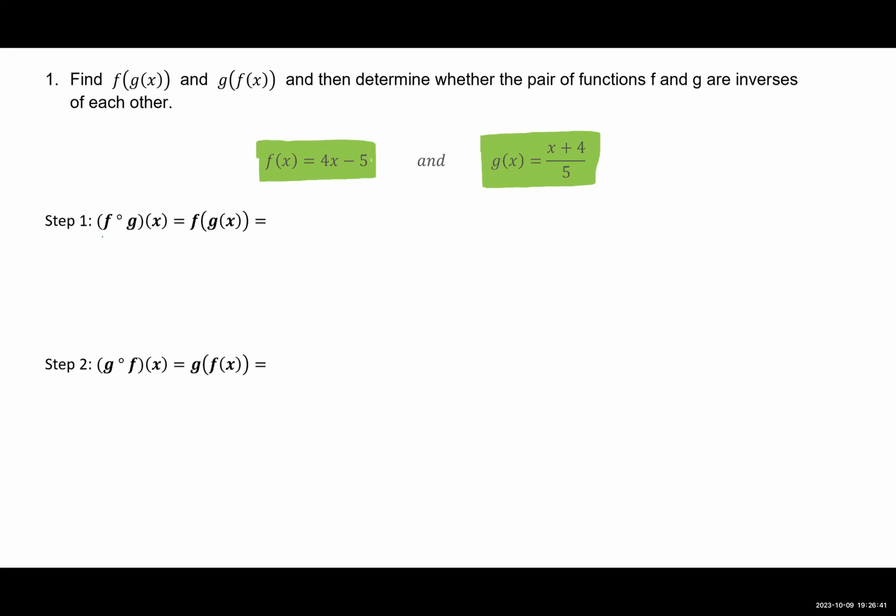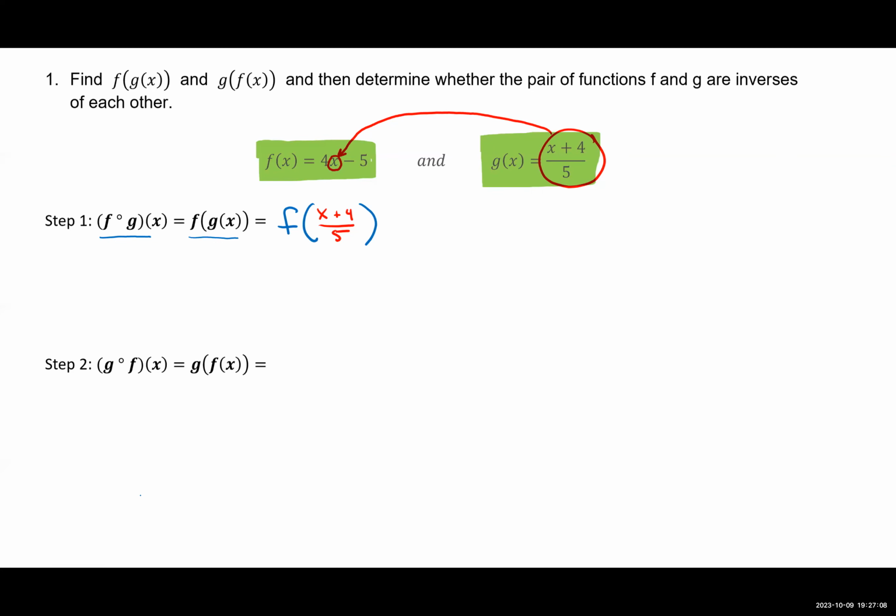F of g of x is equal to f of g of x, which is x plus 4 over 5. We're plugging the g function into the x.